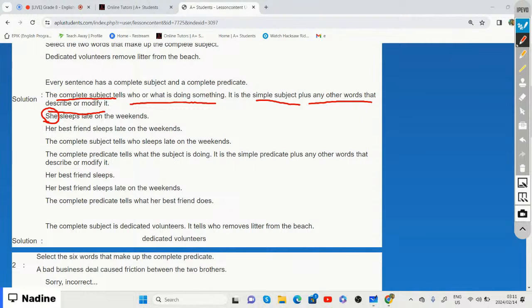Her best friend sleeps on the weekends. Once again, if we select the subject, it is her best friend.